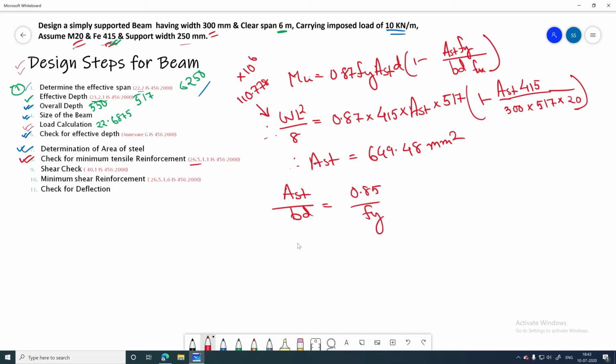So AST equals 0.85 into B. What is the value of B? That is 300 into D, that is 517, and Fy is 415. So the value will be 317.67.